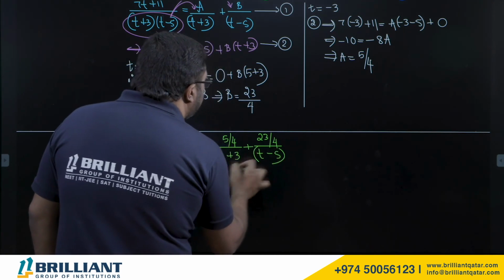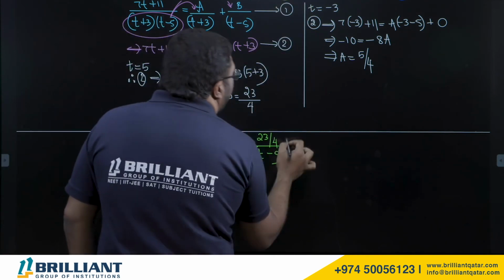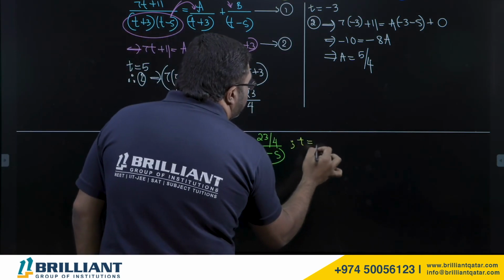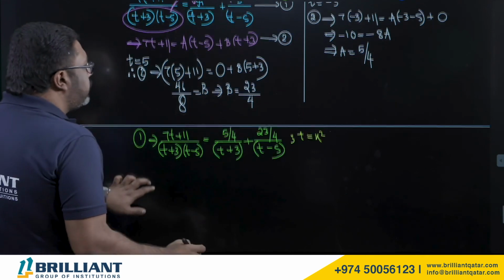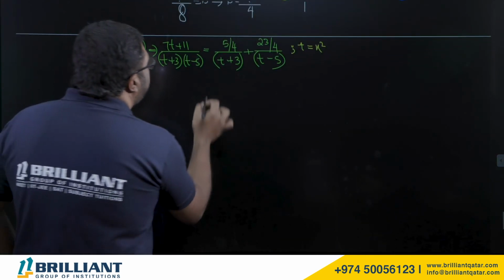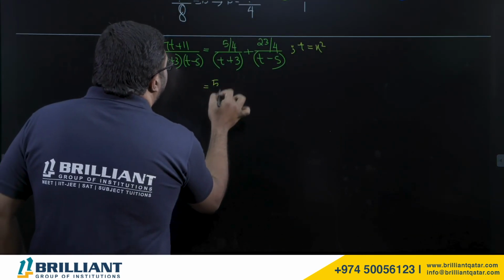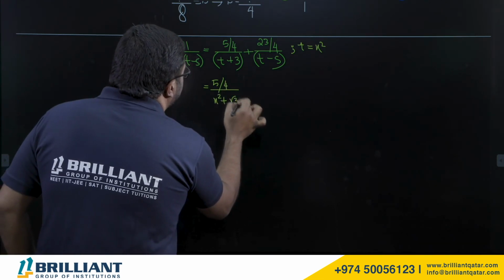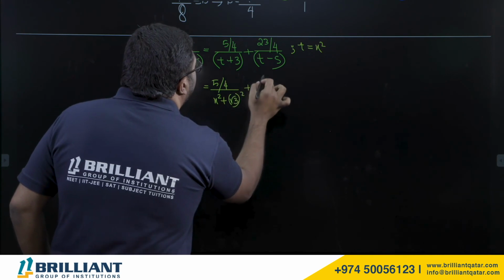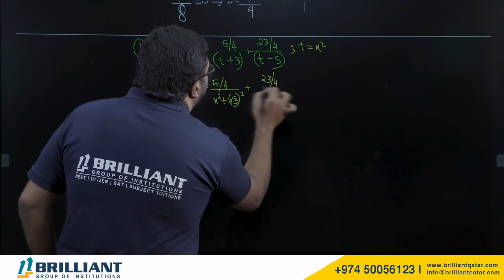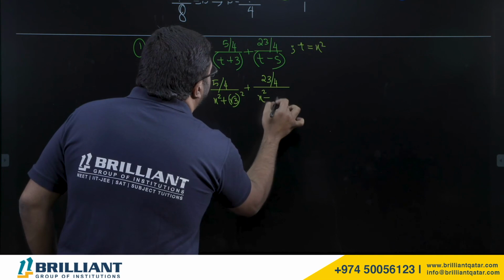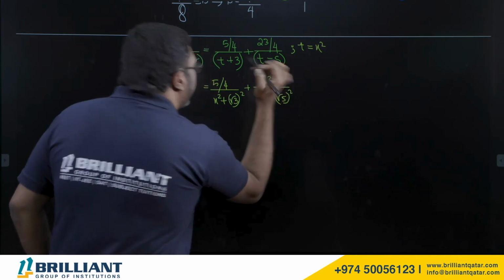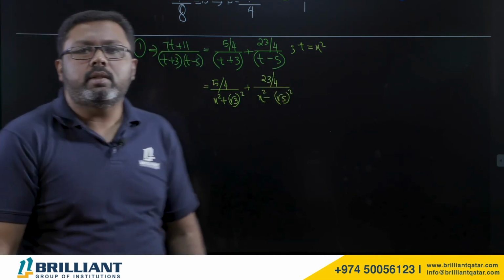And we know that t is x squared. Substitute it. That is equal to 5 by 4 divided by (x squared plus root 3 squared) plus 23 by 4 divided by (x squared minus root 5 squared).